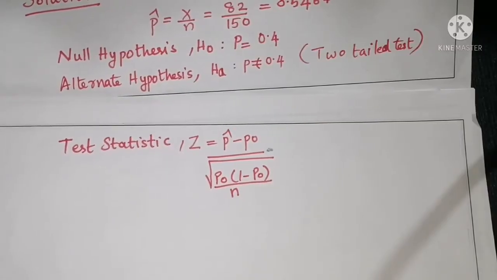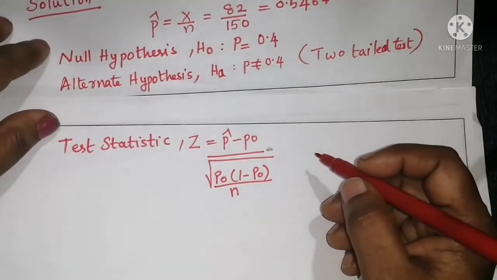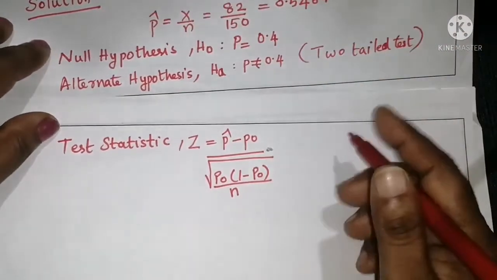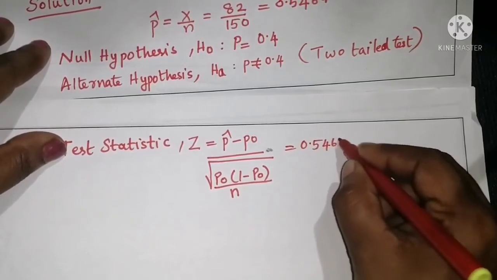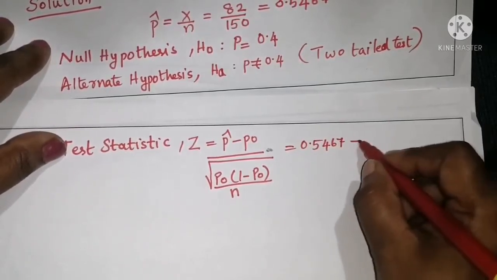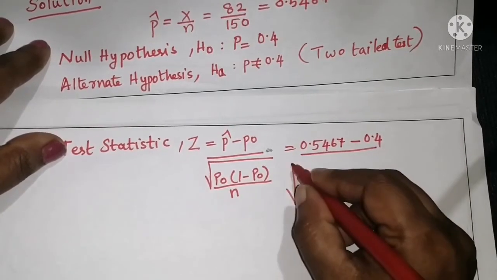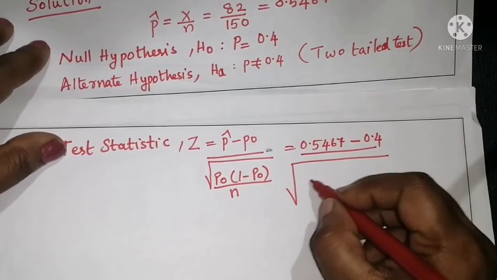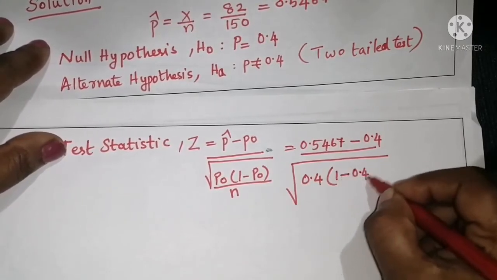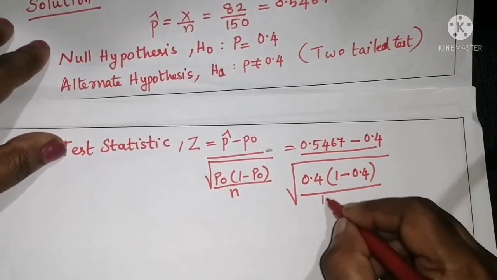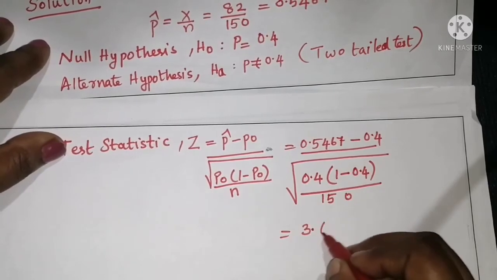Now substitute the values of P cap, P naught and n. P cap equal to 0.5467 minus P naught, which is 0.4, divided by square root of 0.4 into 1 minus 0.4 divided by n, where n equal to 150. On simplifying, we get the value 3.667.